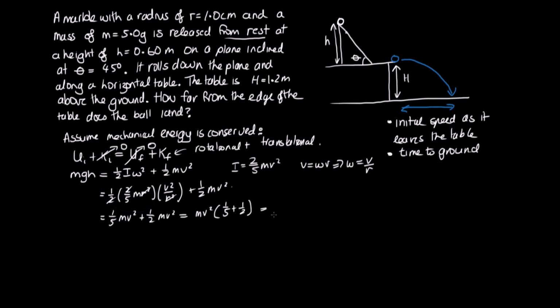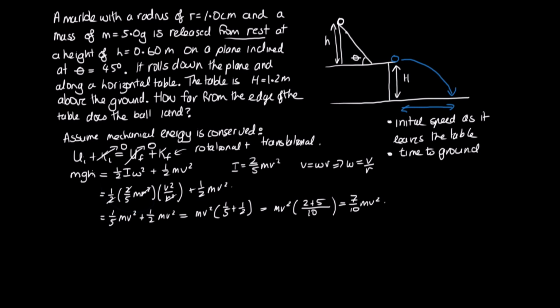To add these two together, we want to give them a common denominator, so we'll write it as over 10. This is 2 plus 5, so this is equal to 7 over 10 mv squared. So now you can see we've got mgh is equal to 7 over 10 mv squared.